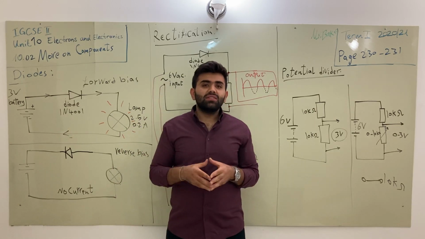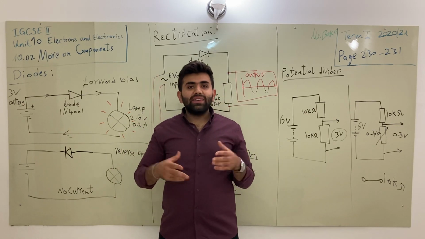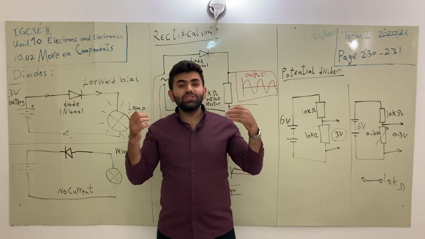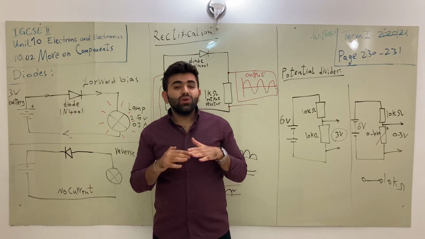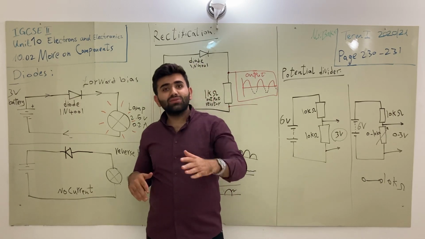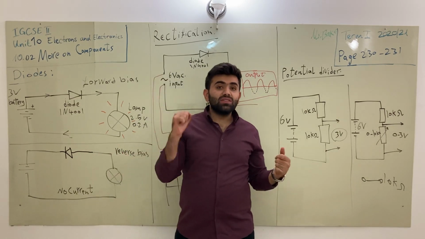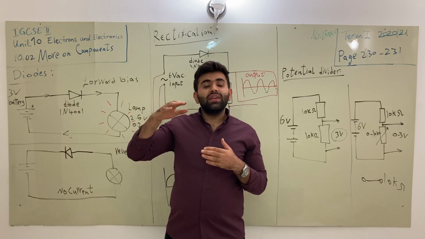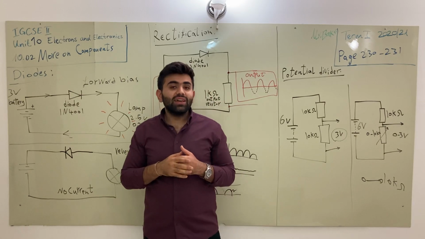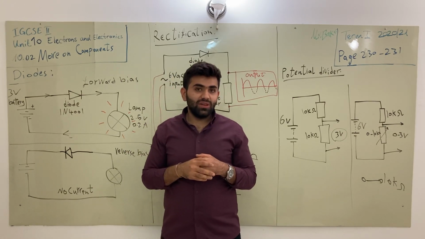In this circuit, when it's really dark, the LDR's resistance is very low and lets the current pass through, so the light turns on. But when there is light, the resistance is very high and the light turns off.